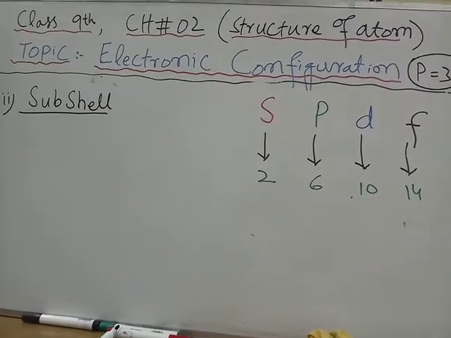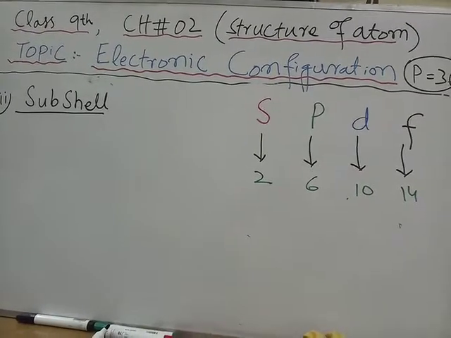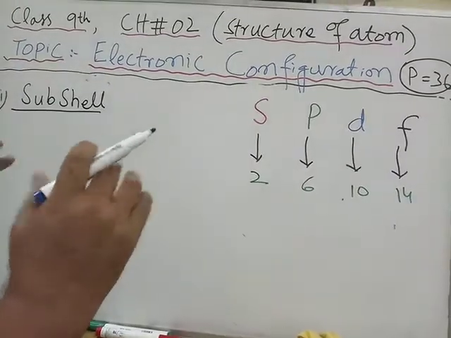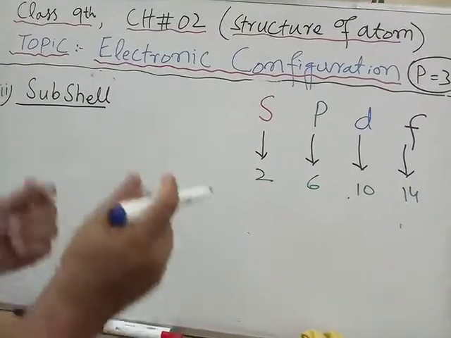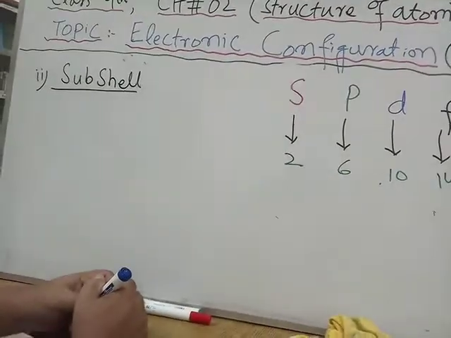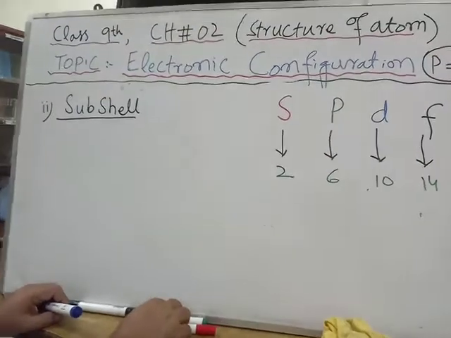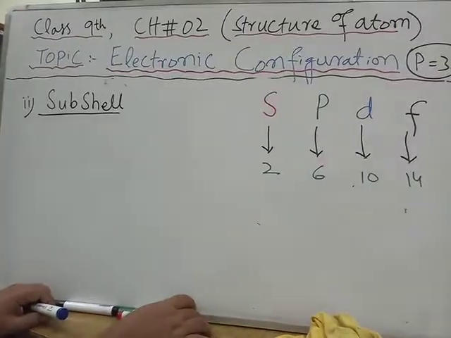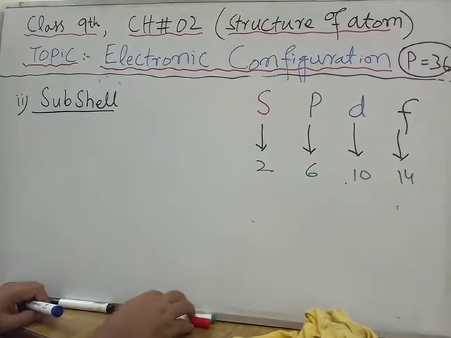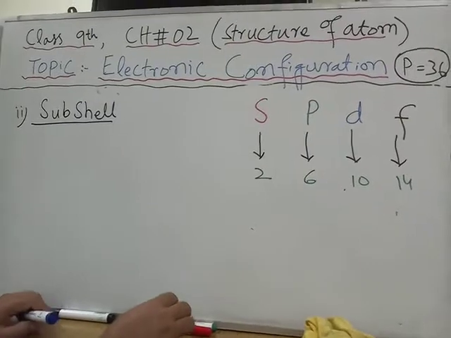Remember that there is no clear-cut definition of subshell in your book, but you can write that subshells are the assemblies of orbitals. A subshell is a space or region around the nucleus where the probability of finding an electron is maximum at any instant, at any time.